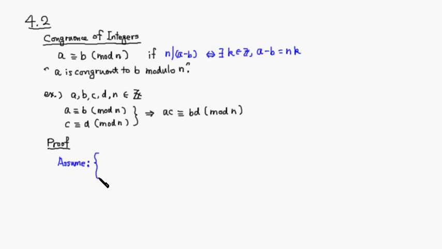Assume that A is congruent to B mod n, which means by definition there exists some integer k such that the difference between A and B is a multiple of n, so it's nk.